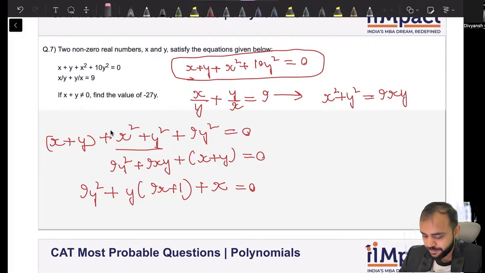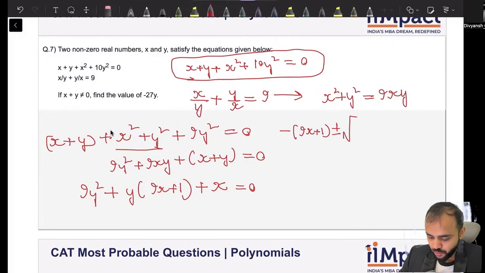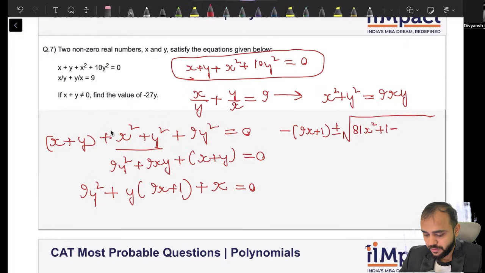Let's see what happens. Using the root formula, I'll get minus (9x plus 1) plus minus under root of (9x plus 1) whole square, which is going to be 81x square plus 1 square, plus 2 into 9x into 1, which is 18x, minus 4 into x into 9. So minus 36x. Basically, this sign will become minus and this becomes a perfect square.